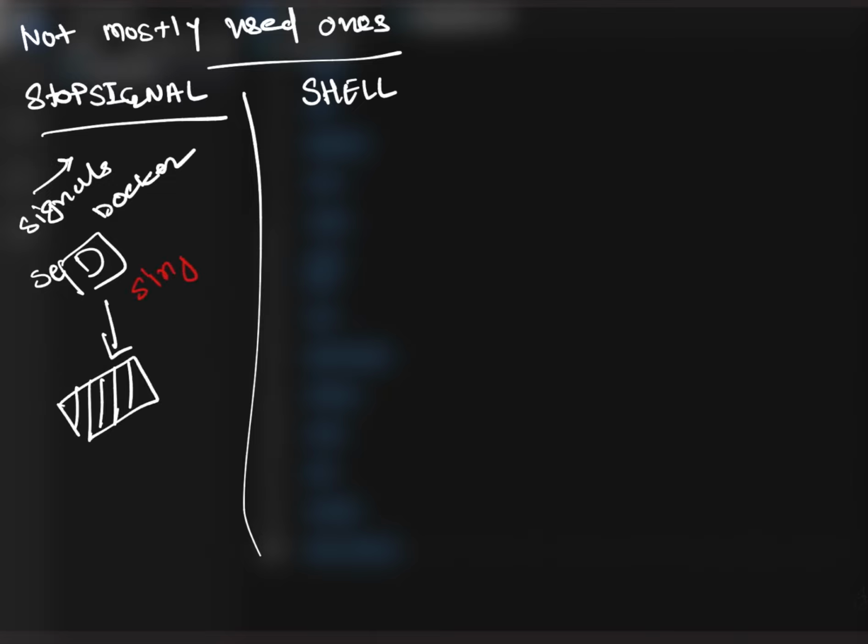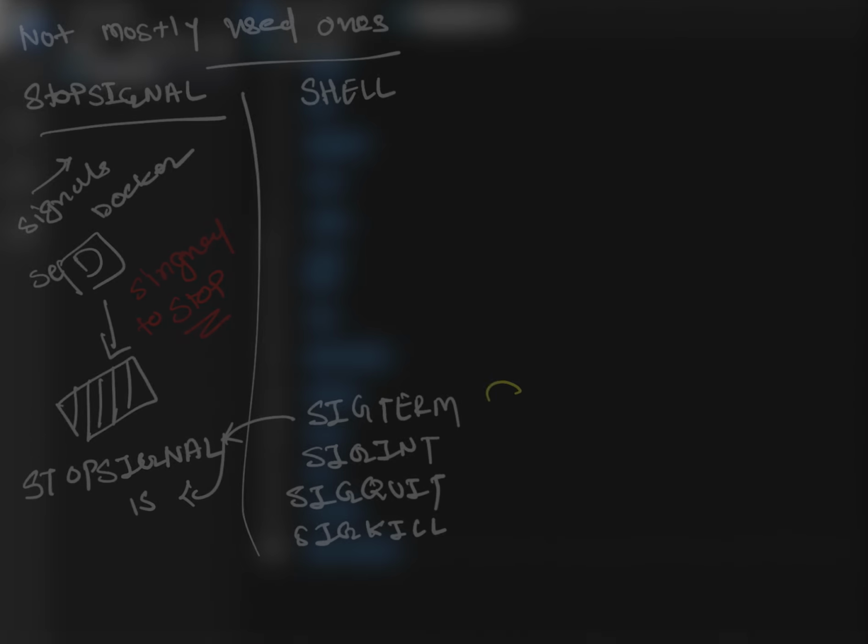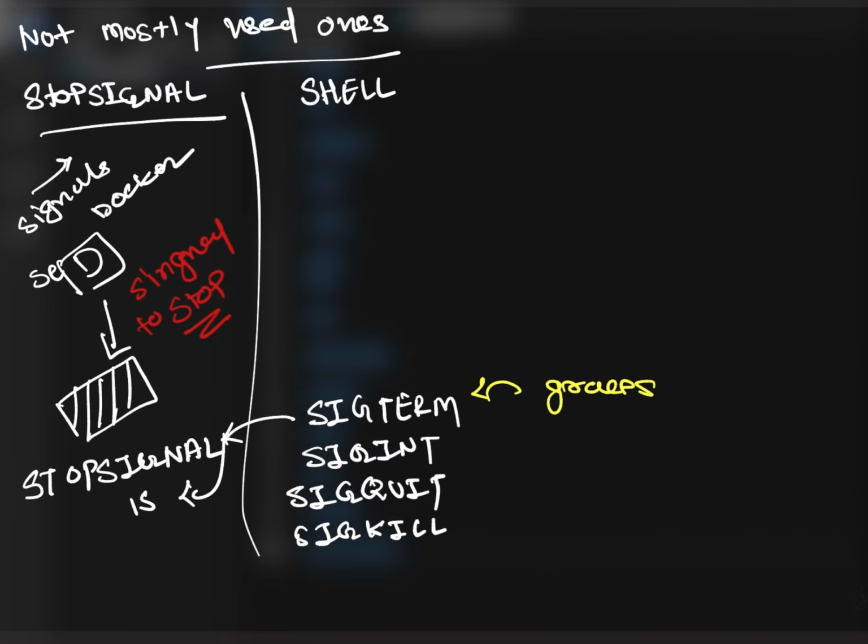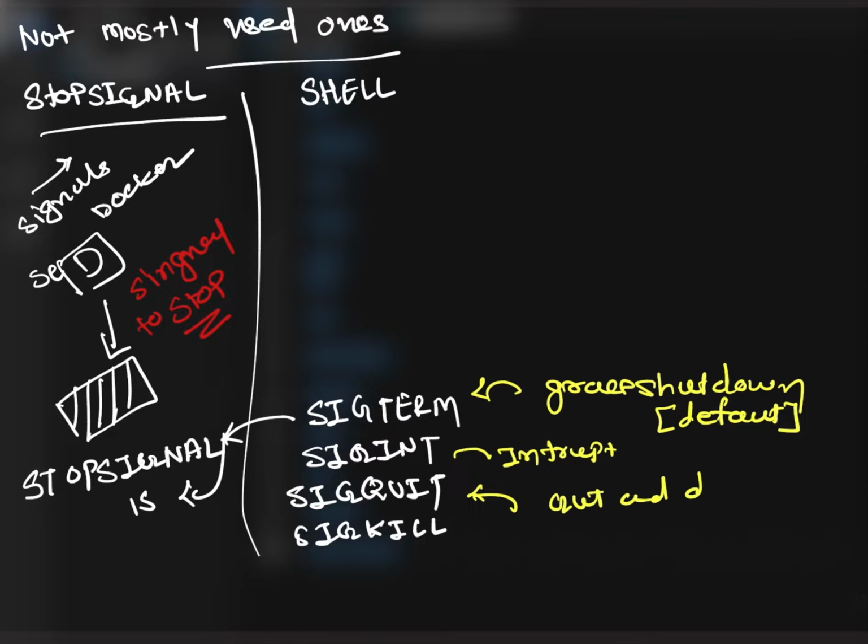There are SIGTERM, SIGINT, SIGQUIT, and SIGKILL. SIGTERM is the default one, where Docker gets a graceful shutdown. One is the graceful shutdown, one is to interrupt, third is to quit and dump the container, and fourth is to kill directly without any warning. It won't be a graceful shutdown.